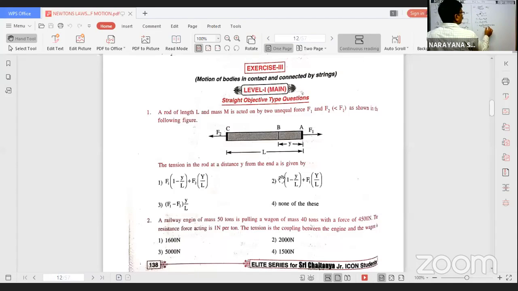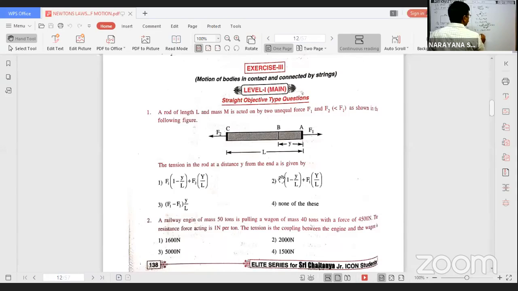Here 10 power 4 cancels. Is 4410 divisible by 9? 9 4s are 36, 8 remainder, 81, 9 9s are 81, 0. So 4 into 490 gives 1960. 1960 plus 40.